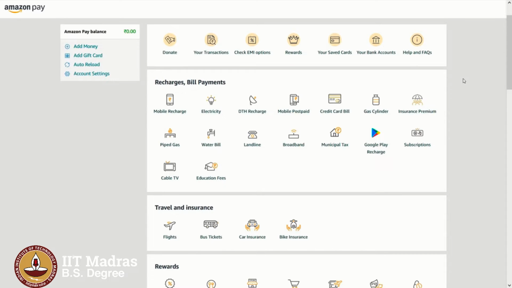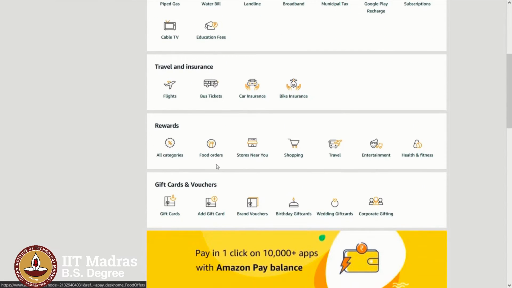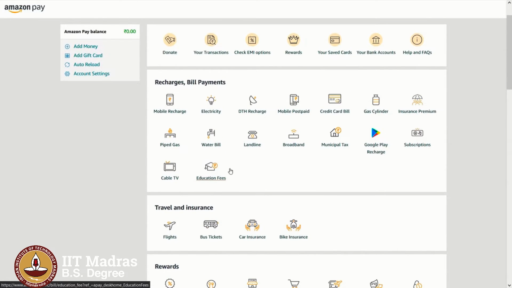Instead of using your debit or credit card to make purchases, you can pay with your smartphone, which has this mobile wallet. There are many categories like recharges, bill payments, travel and insurance, rewards, gift vouchers, and so on. A mobile wallet has features such as adding money and auto reload as well.